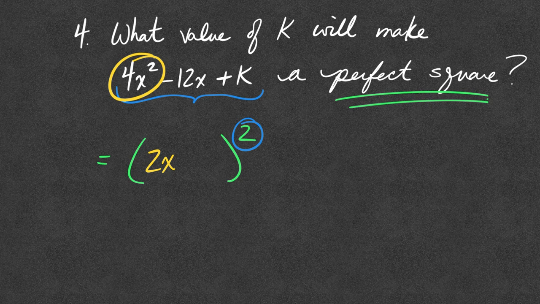What we can't say confidently is what gives us the last term, because we need two numbers that multiply to give k. Those two numbers have to be the same, but because it's a k, we don't know what that value is. How can we play around with this?